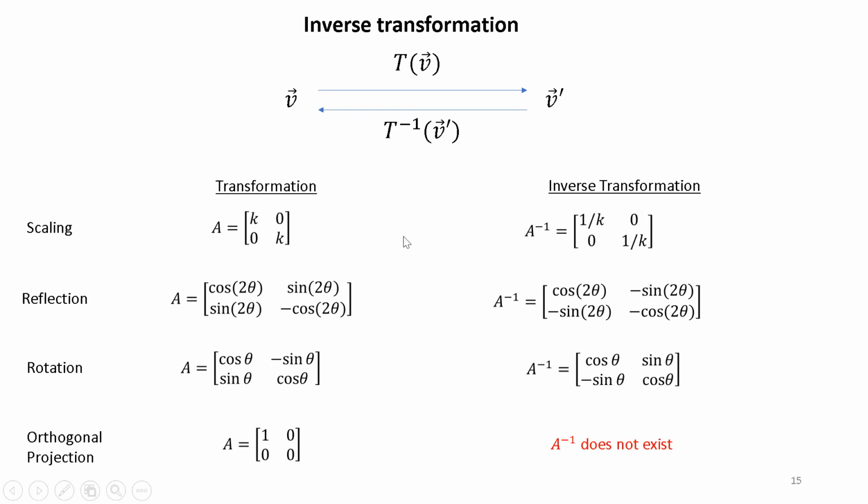And mathematically, as I said, this is the inverse matrix. So this A times this A inverse has to be an identity matrix. Reflection: geometrically, we know how to do the inverse.